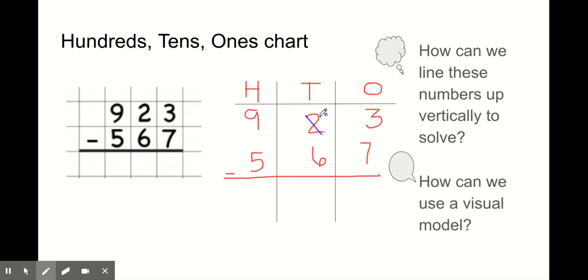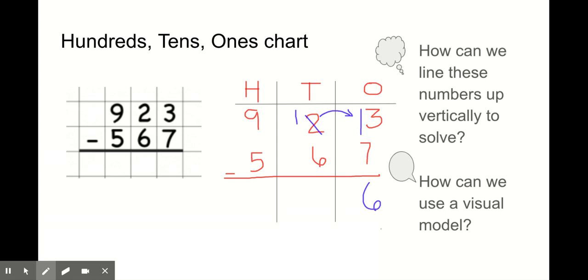If I take a 10 away, then this number becomes 13. 10 plus 3 is 13. But now I have one less 10 over here. Can I do 13 minus 7? I sure can. 13 minus 7 is 6.